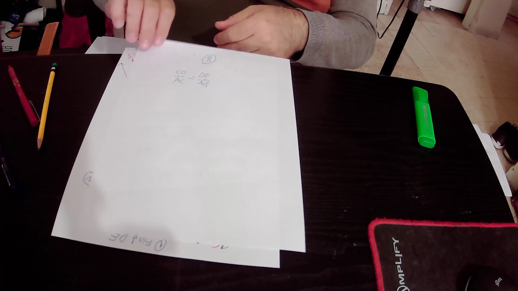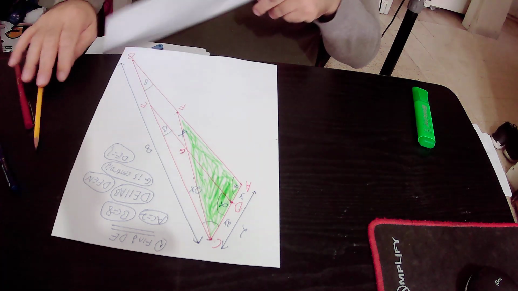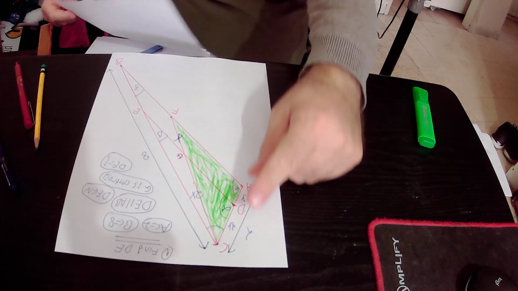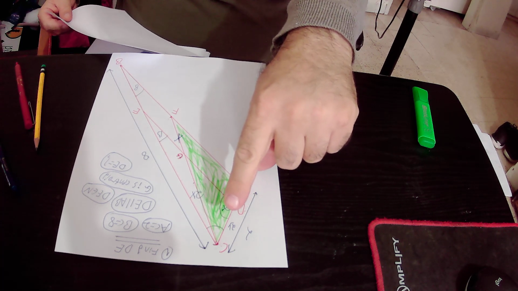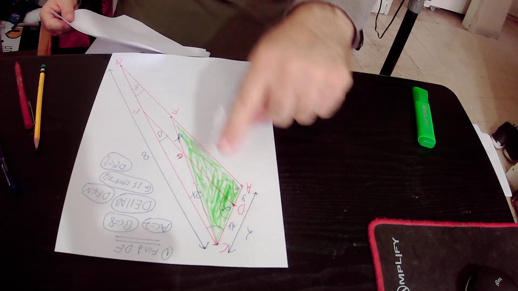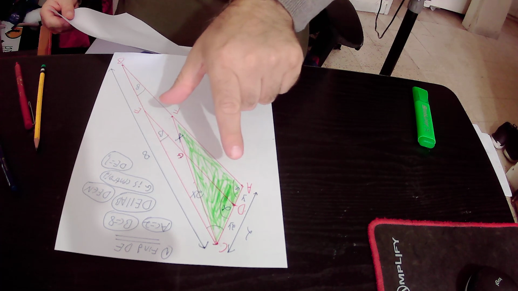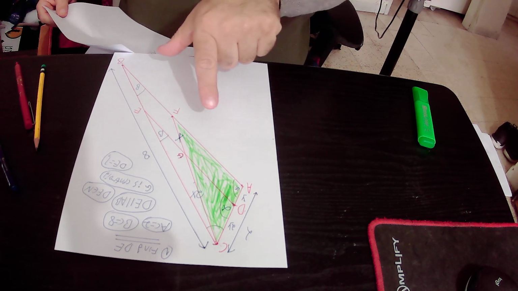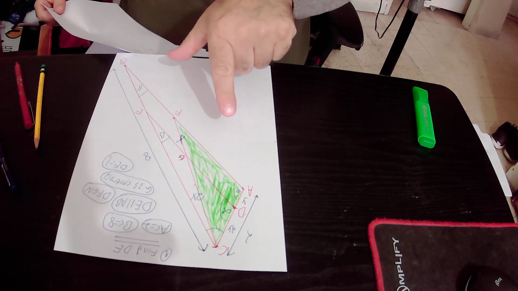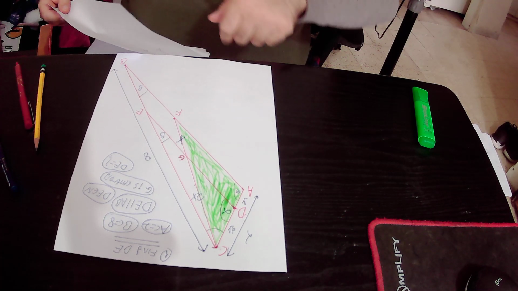Okay, actually, CD is a side that belongs to triangle CDE, AC is a side that belongs to triangle ABC, and DE is a side that belongs to triangle CDE, and AB is a side that belongs to triangle ABC.